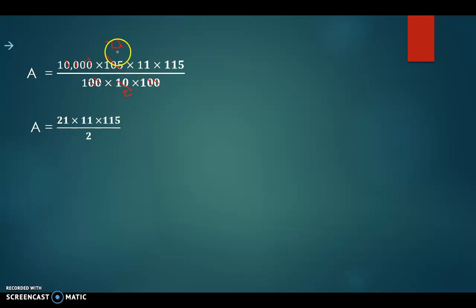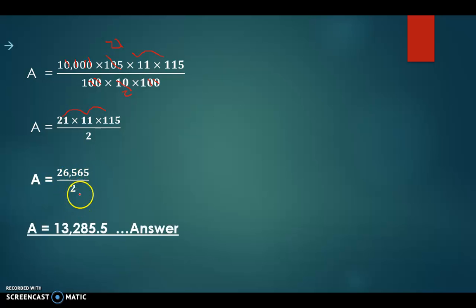So it is 21 multiplied by 11 and multiplied by 115, which gives 26,565 rupees upon 2. So we divide 26,565 by 2, then we get 13,285.5 rupees. So here is the total amount. We find the value 13,285 rupees.